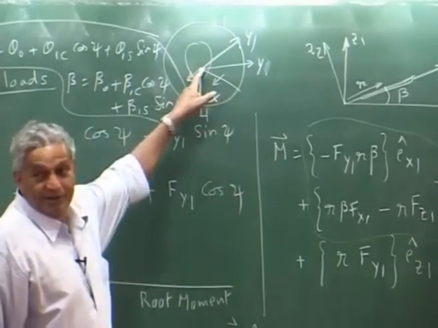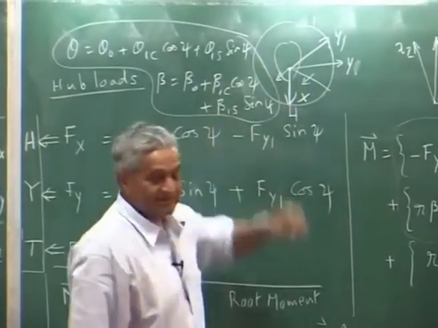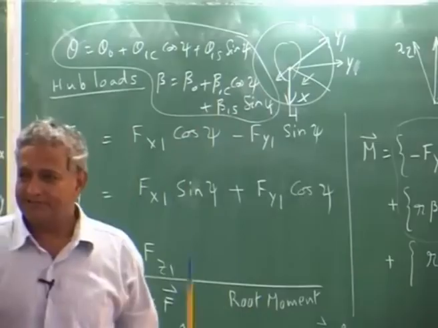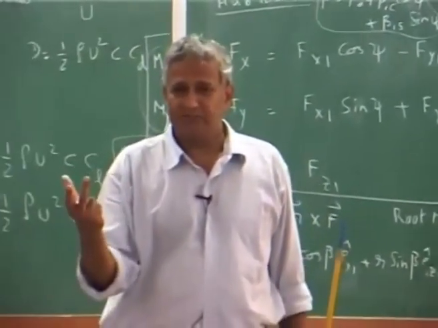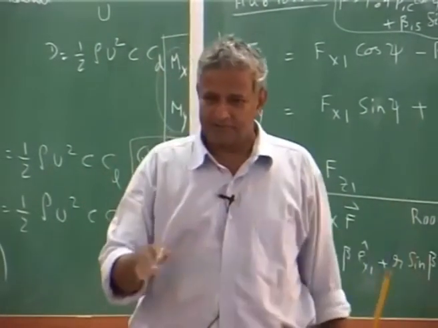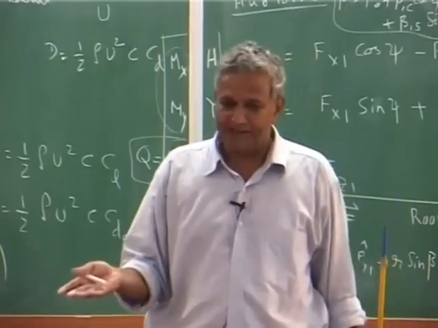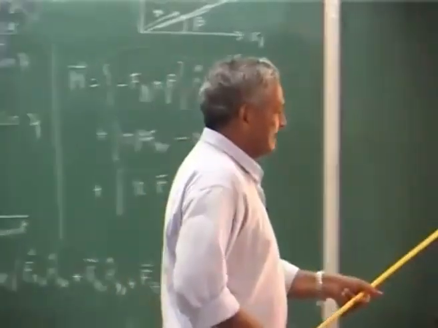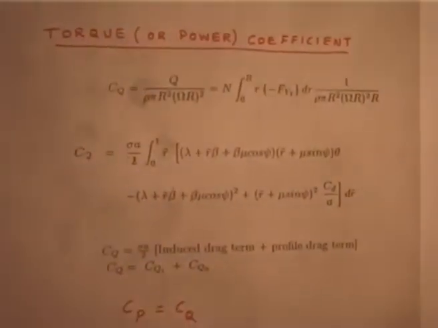If I take a cross product, my torque is clockwise, but just to get a positive number I put a minus sign. That clockwise moment is negative, but put one more minus sign and I get everything positive. That is how I get the torque.